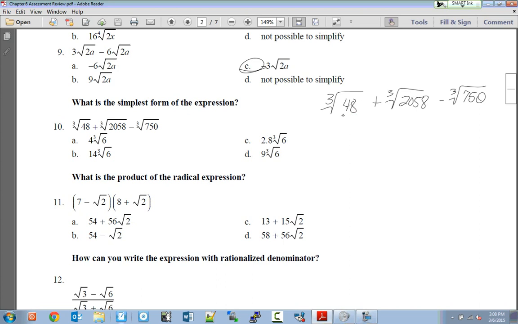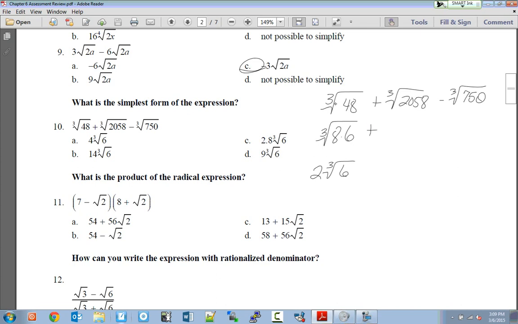Well, what's the largest perfect cube that'll go into 48? 6 times 8 is 48, 8 being a perfect cube. So this is going to be the cubed root of 8 times 6, so that'll give us the 48. The cubed root of 8 is 2. So this is 2 cubed root of 6.